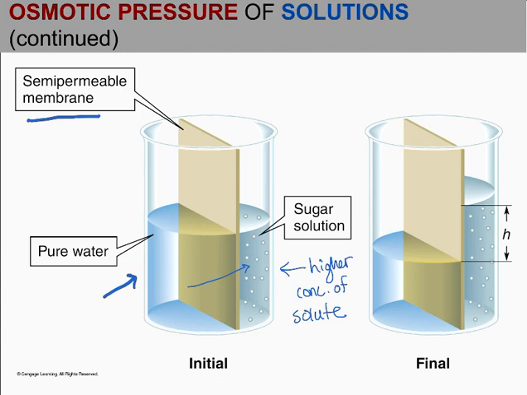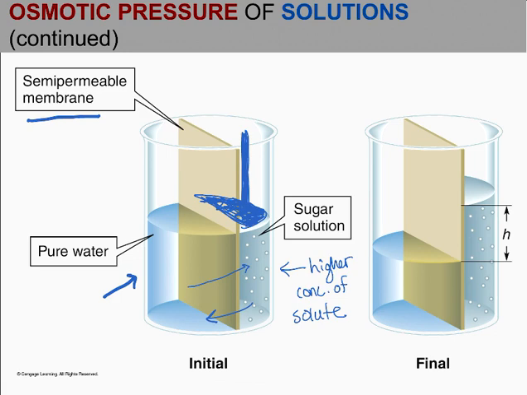Then maybe we'd want to set up a system where we place pressure, like a lid, on top of the sugar solution. That's going to prevent the flow of solvent. We could even push that lid down further and push solvent back over to the other side.